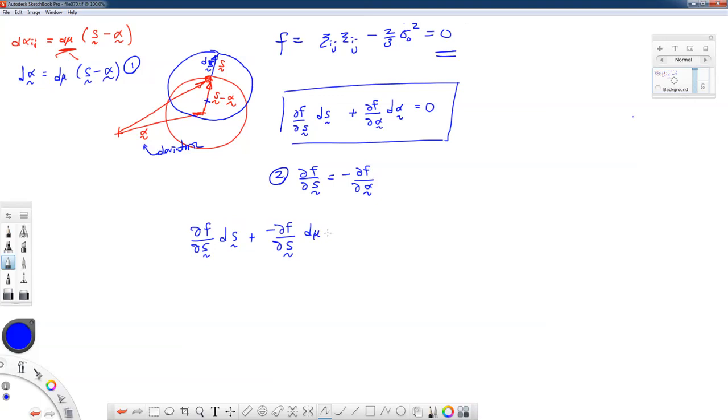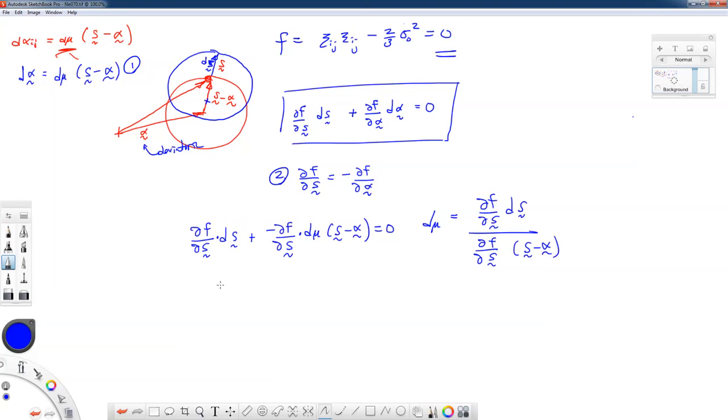We're going to use d mu times (s minus alpha). And there's a dot product here and here. So if we solve for d mu, let's see what we get. The partial of f with respect to s ds, oh, this is equal to 0, divided by the partial of f with respect to s dotted with (s minus alpha).